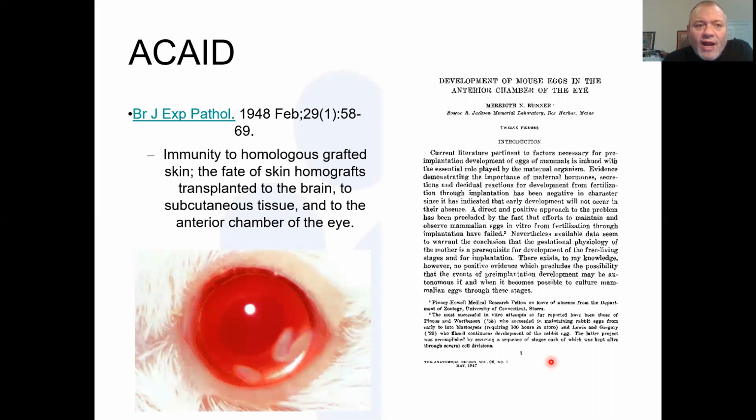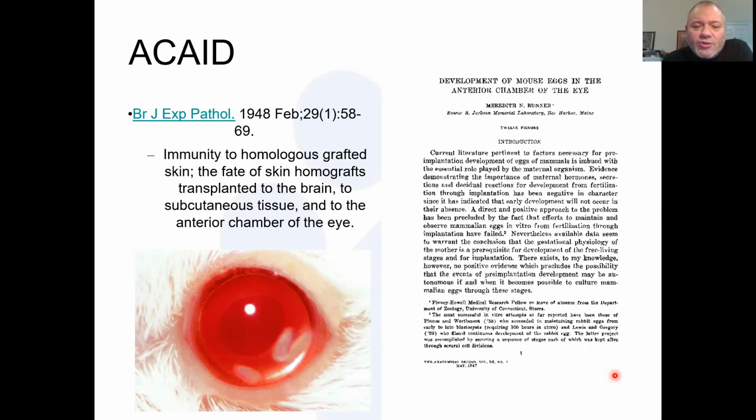So just touching a bit more on ACAID, just to give you an idea of how powerful this intraocular immune tolerance system is. These are some interesting studies from the early part of last century. When we were looking at in vitro fertilization, we were looking at trying to work out how cells develop through the gametes, through the embryo.